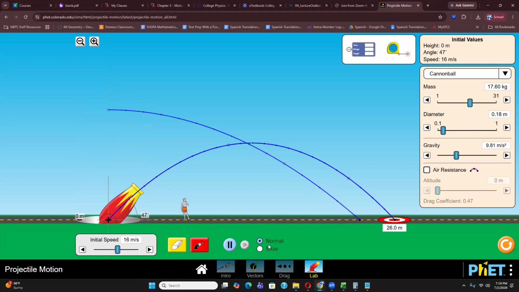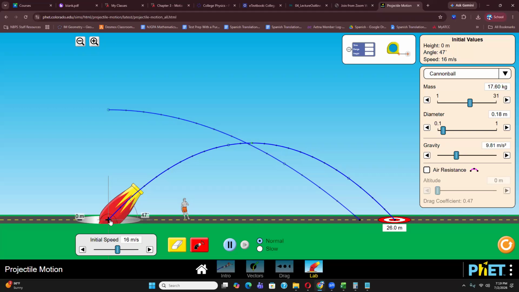However, we are still going to be talking about motion, because horizontally you have motion at constant velocity, and vertically you have the object going up and going down due to gravity.